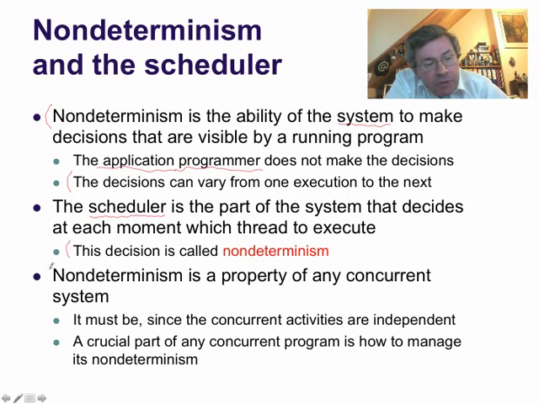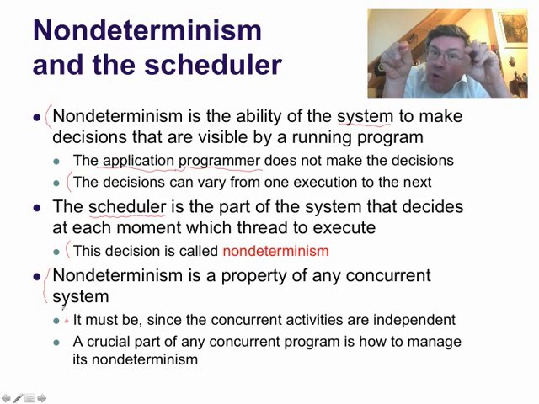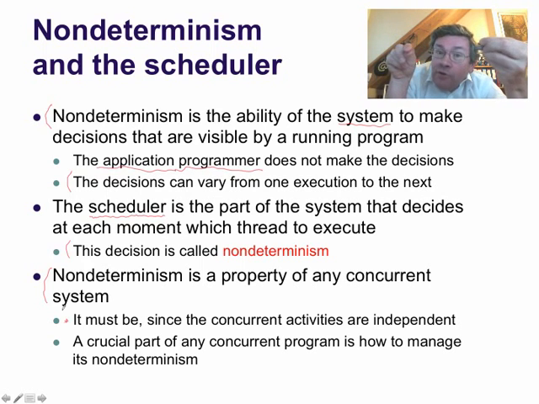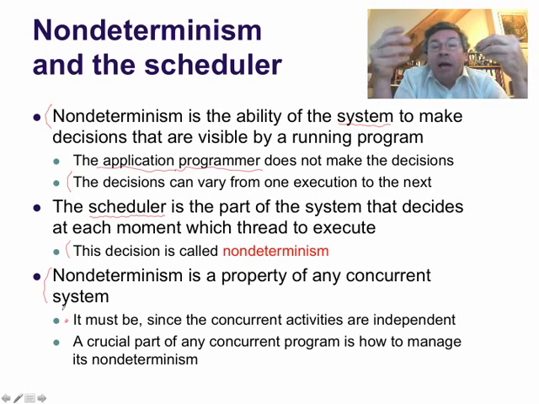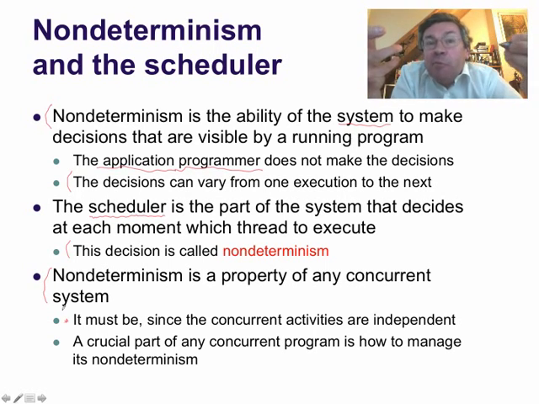Okay? Non-determinism is a property of any concurrent system. Since concurrent activities are independent, we can't know which one is happening before the other. If we knew that one would always be before the other, they would not be independent. That would be a dependency. And because they're independent, we really don't know the relative order, and that means any relative order that occurs during execution is decided by something outside of the program.